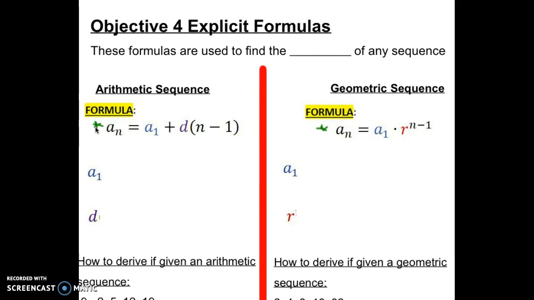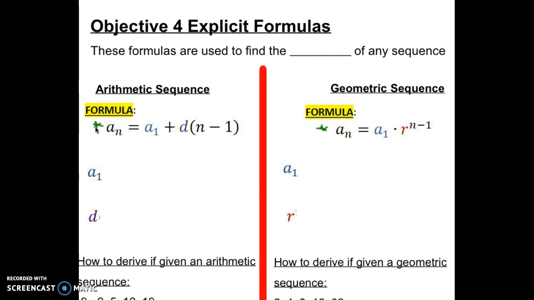It's pretty straightforward, but if a test gives you just a formula and wants you to determine is it arithmetic or geometric, that is always my clue that I use. Does it have a D or an R?